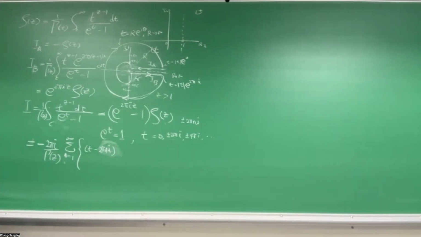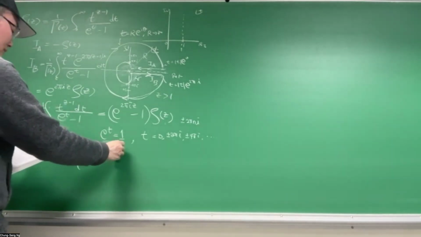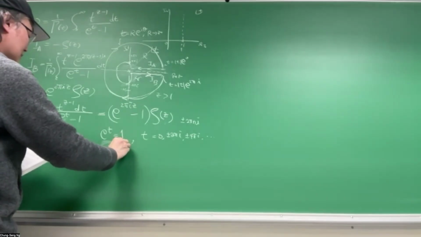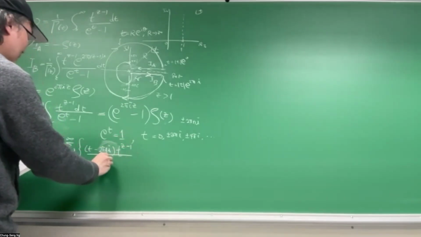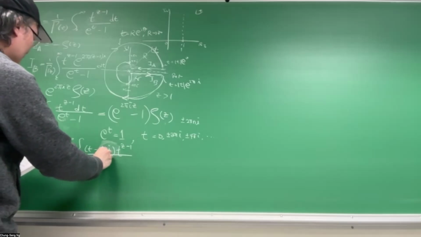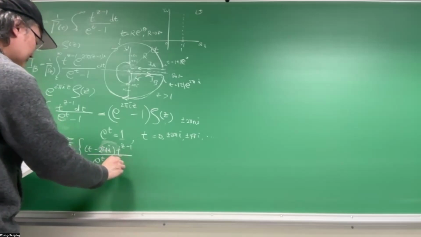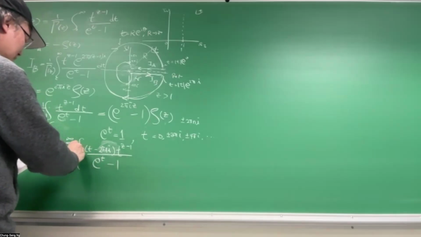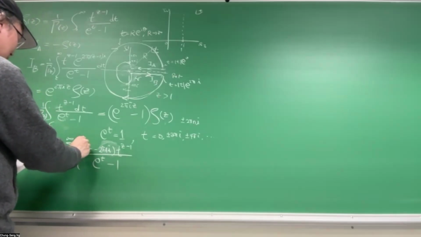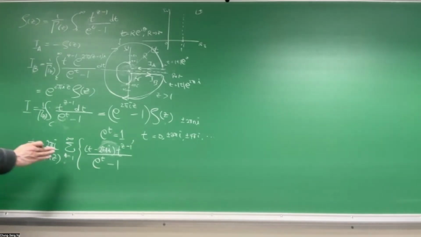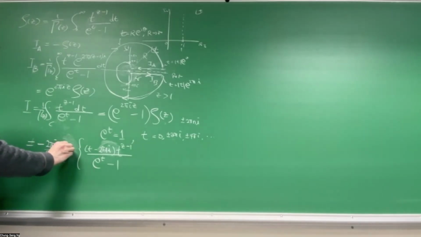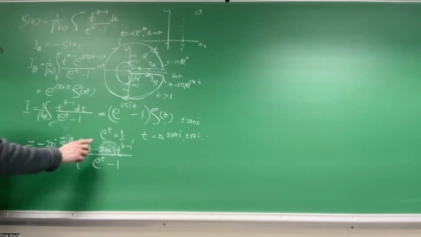Multiplied by this integrand, t to the z minus 1 divided by e to the t minus 1, and take the limit, sum over n, as t goes to plus or minus 2 pi n i. There are two terms.